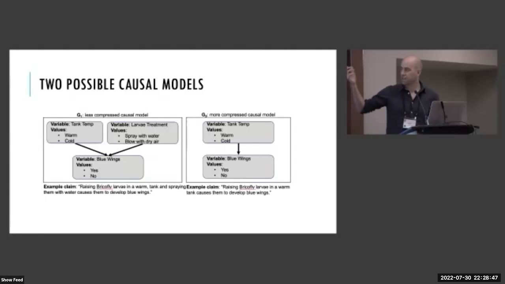Or you can just get rid of this variable that specifies how the larvae are treated. Just take the tank temperature, say, is the tank warm or cold? Well, that's going to be a cause of a variable denoting whether or not the brickyfly develop blue wings, and you get the same causal claim as you did in the previous case. Raising a brickyfly larva in a warm tank causes them to develop blue wings, right?